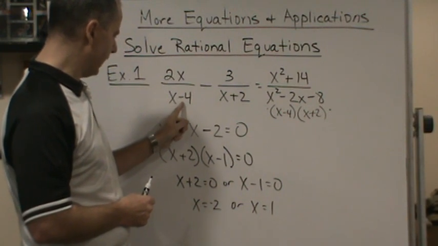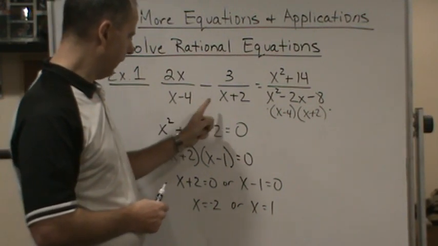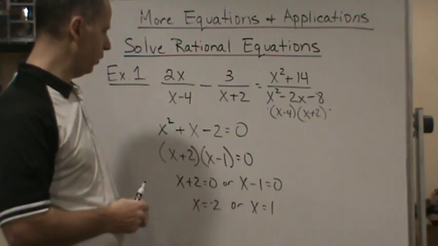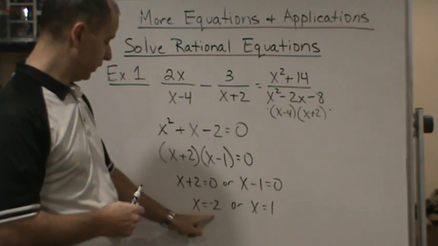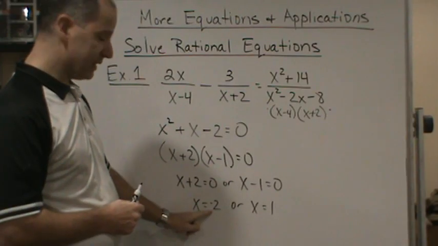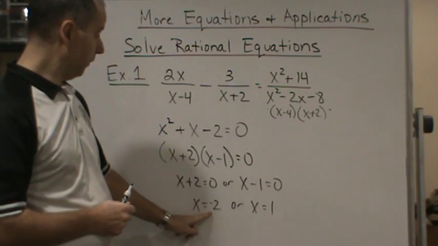Here, x cannot equal 4. And here, x cannot equal negative 2. But negative 2 is one of the possible solutions. So this one is an extraneous solution.